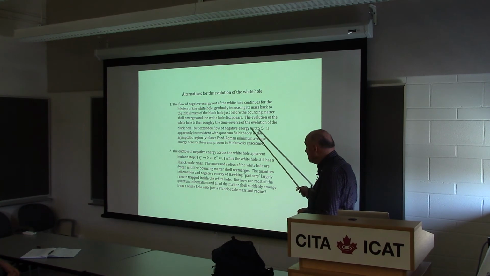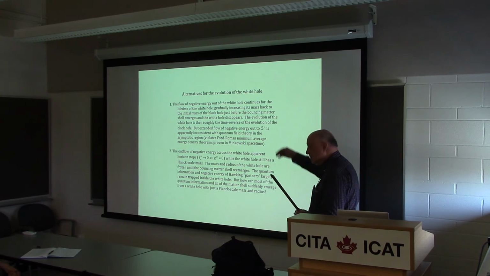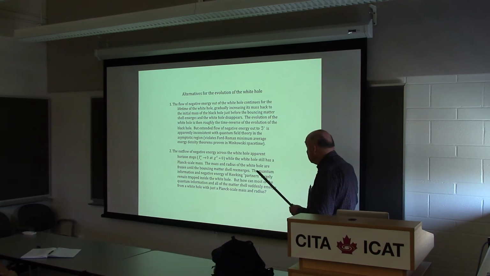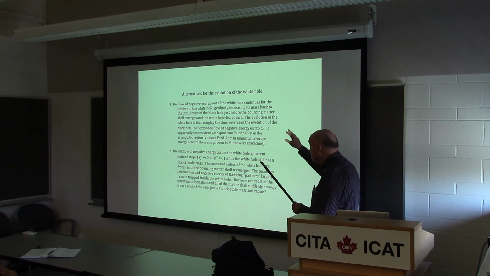Now there's a problem with this, and that is that when you have negative energy going off to future null infinity, which is asymptotically flat, I'm assuming, for a very long time, which is the lifetime of the white hole, it should be roughly the same as the lifetime of the black hole. Everything is just the time reverse in this scenario one.